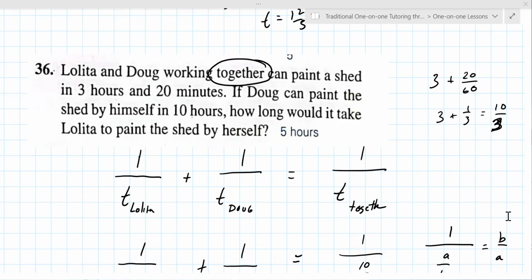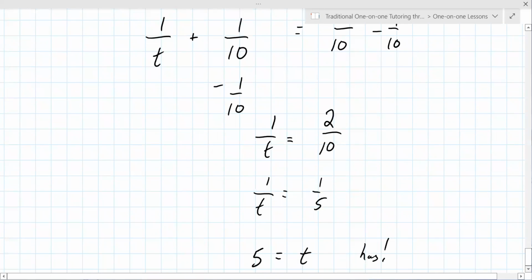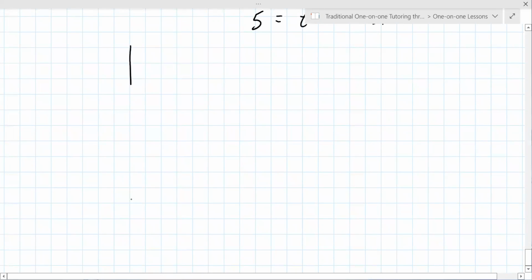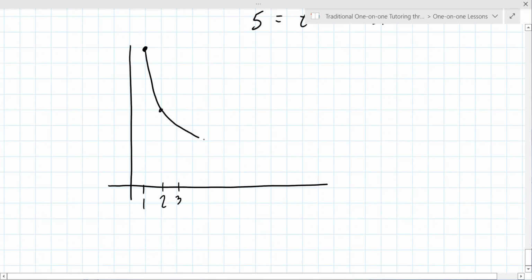The real curves on these things, which you'll see someday when you take a probability class in college, is like the first time you do a job, it takes a really long time, like if you ever try to put something together from instructions for the first time. Second time's a little better, third time's even better. But there's always kind of a baseline time that it takes. It's impossible to do better than that.